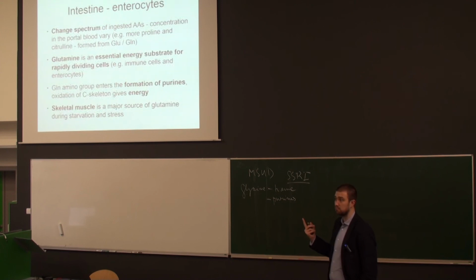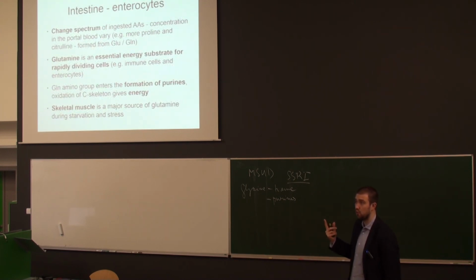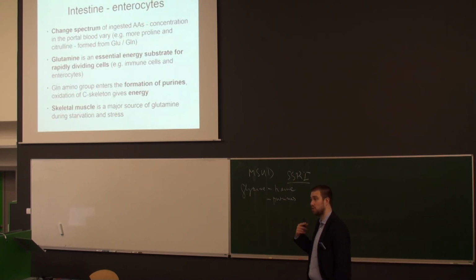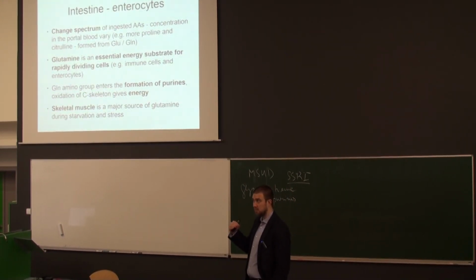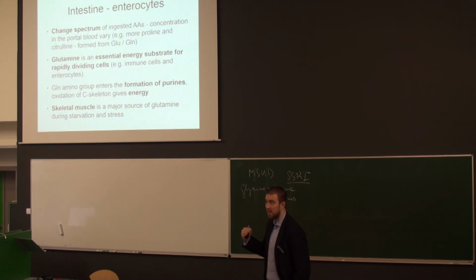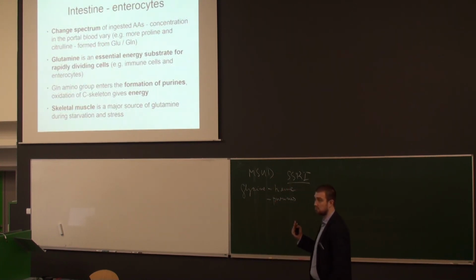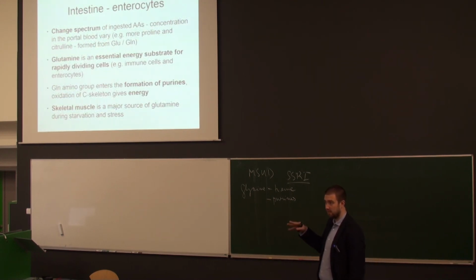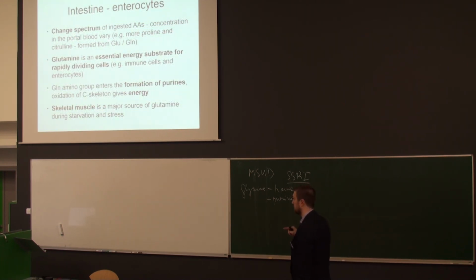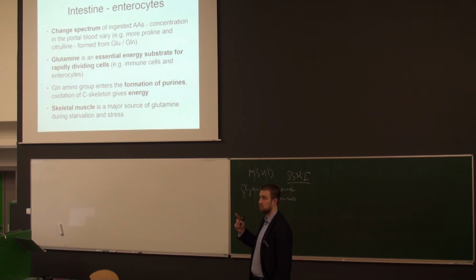The question is, what happens if you have no food in your GI tract? Therefore, you have no glutamine inside the GI tract, and the question is whether the enterocytes are starving. To some extent, they starve, but this is limited by the fact that skeletal muscle cells during starvation work as the main source of glutamine for your rapidly dividing tissues.